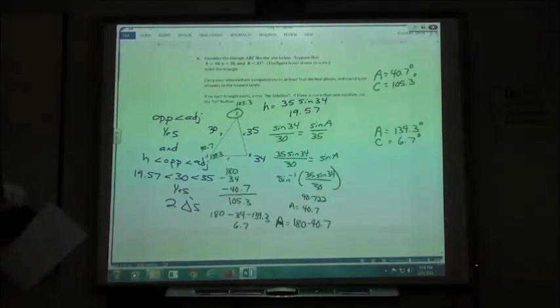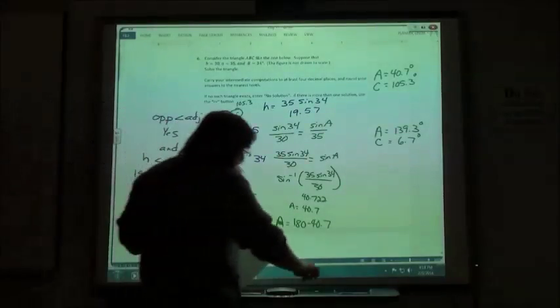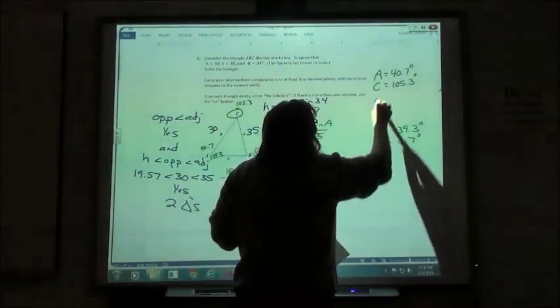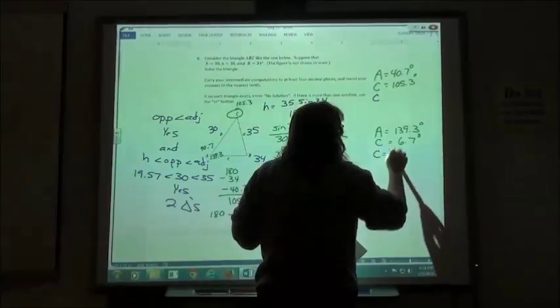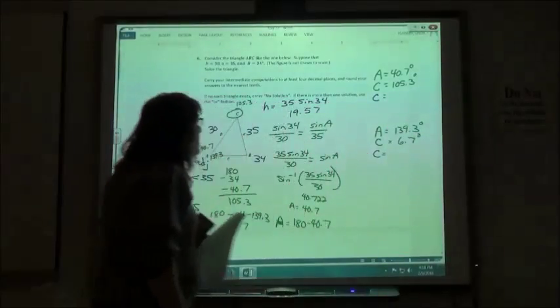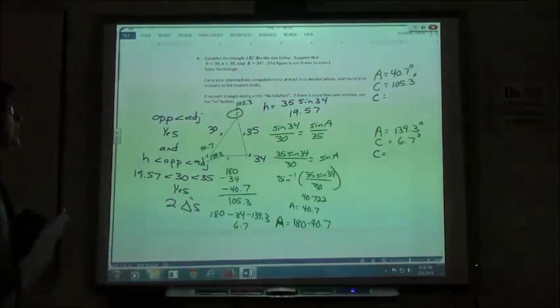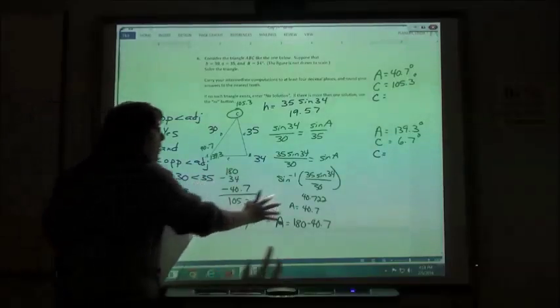Now, we found angle A and angle C. We still have to find side C. So in order to find side C, we're going to use the law of sines on both of these.